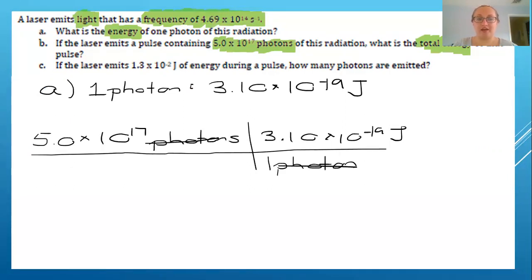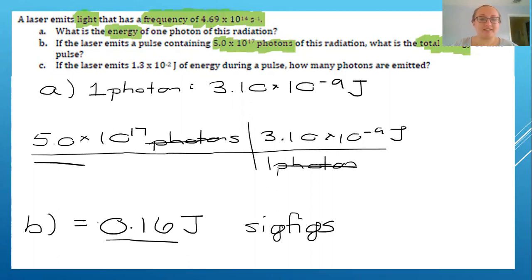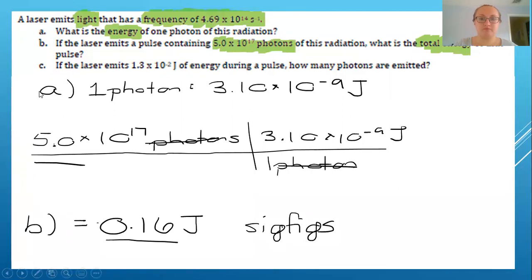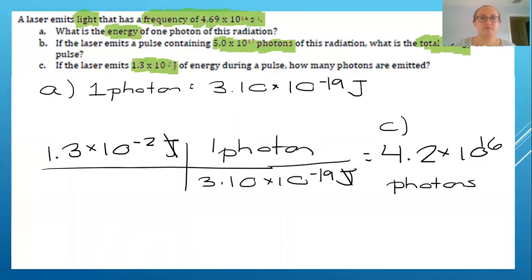So if I have 5 times 10 to the 17th photons, I should have 0.16 joules. And I can just multiply them as you see. Again, I stop at 2 significant figures because my calculation is limited by the one that I have the least of, and I have 2 significant figures at one point in the calculation. All right. Oh no.